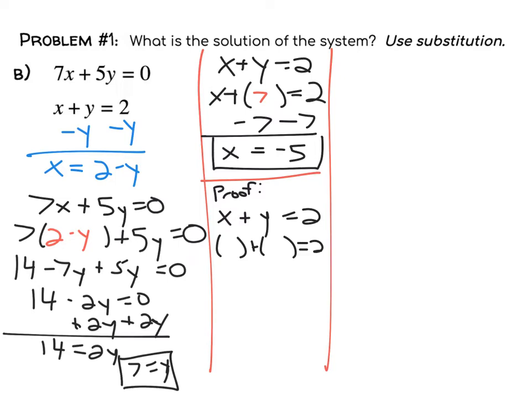We've got 7 for y and negative 5 for x. When we resolve this, negative 5 plus 7 equals 2, so 2 equals 2. Check, it works out. And we have another proof.